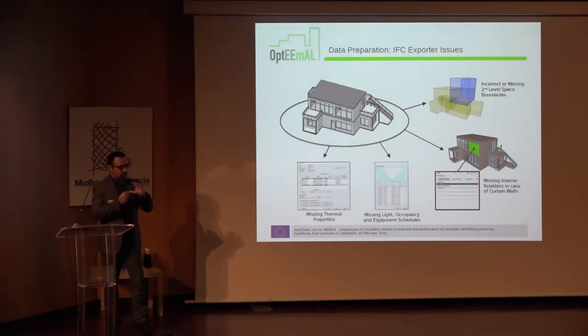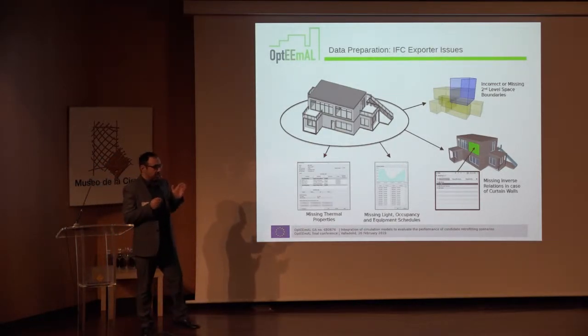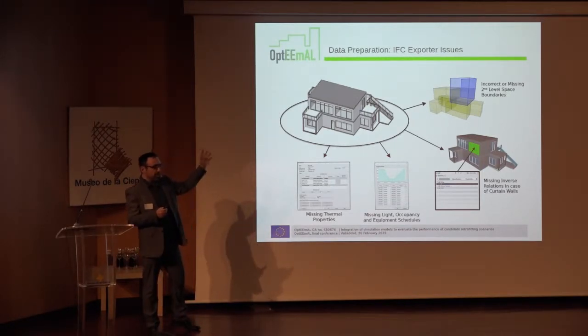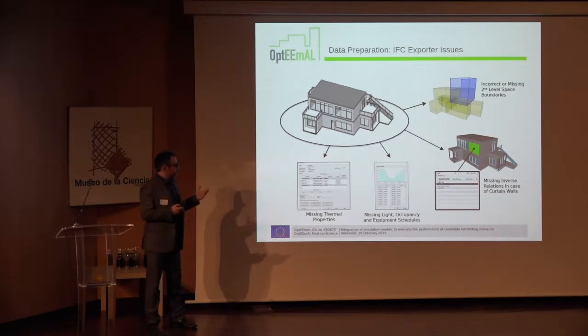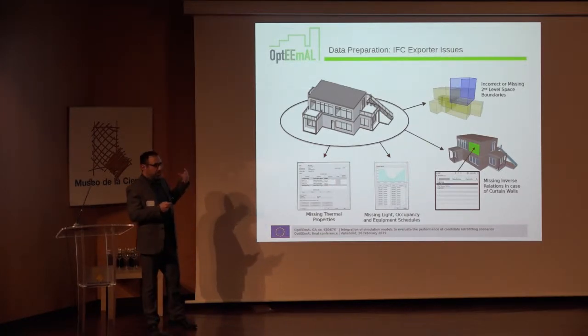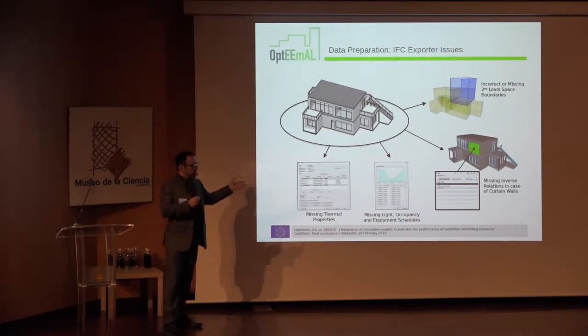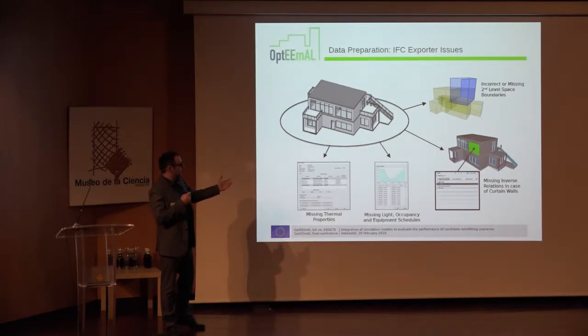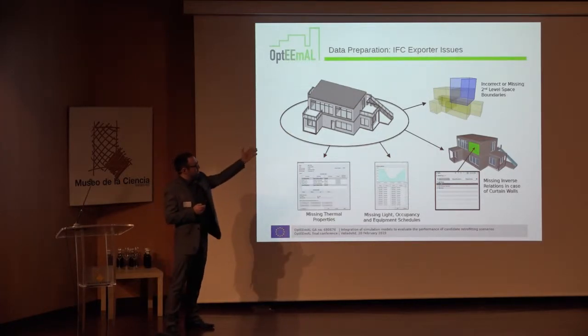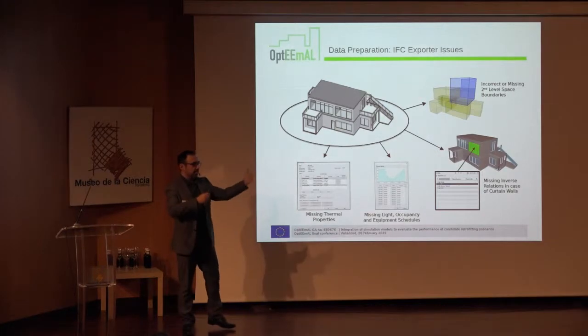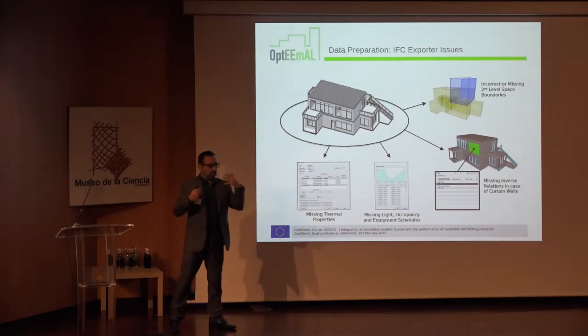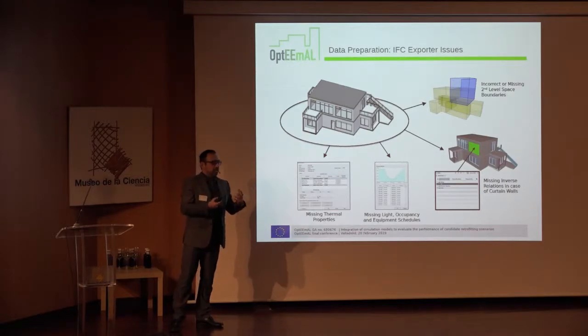Then we also have to make sure that the existing IFC exporters export the appropriate information in the IFC files, the BIM files. Right now, the existing exporters face some issues. For example, they export missing thermal properties, the schedules regarding the light and the occupancy are missing, and also, as was mentioned previously, the space boundaries, which are the surfaces where thermal exchanges occur among building spaces, are missing.